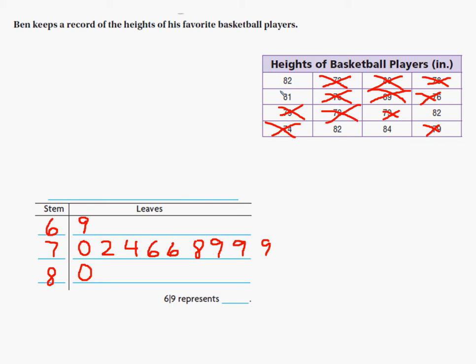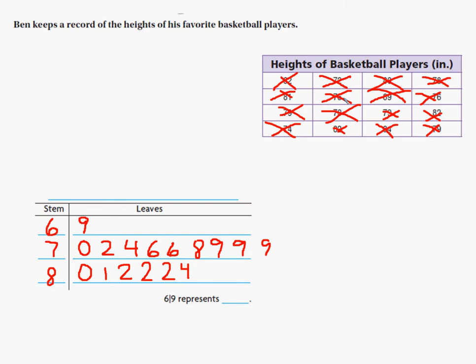I have an 81, so my next leaf is 1. I have an 82, so my next leaf is 2. Another 82, so that's another 2. And another 82, so I put another 2, and then I have an 84, so my next leaf is 4.